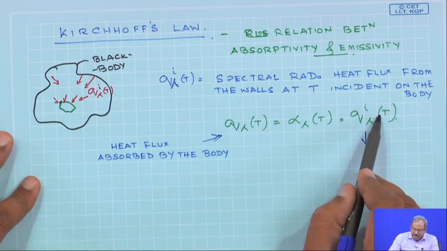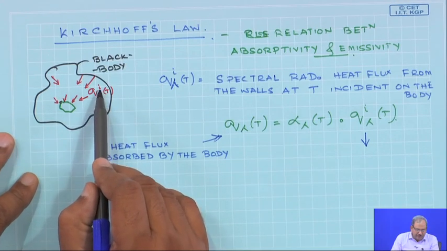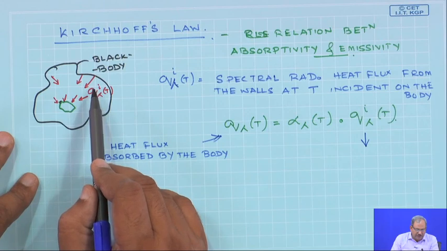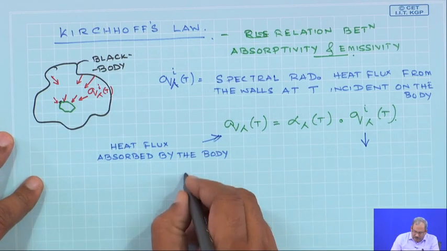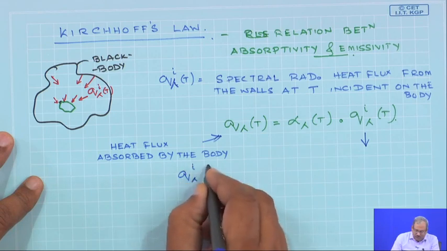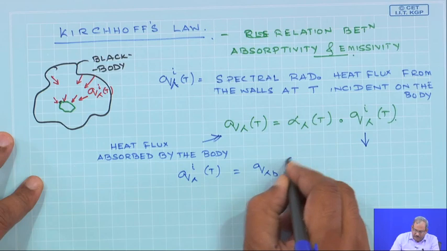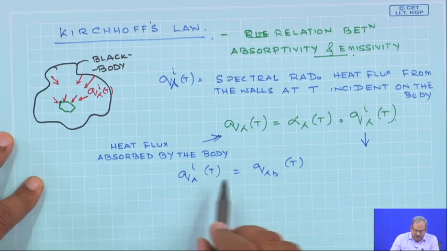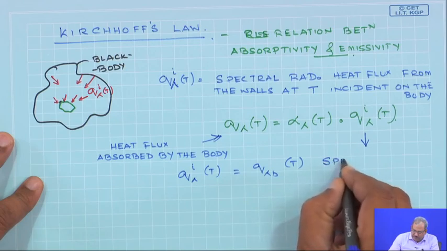The incident radiation is coming from the enclosure walls, which in itself is a black body. Therefore, this q_I,lambda, at temperature T, is q_lambda,b at T. So, this is the spectral black body emissive flux.